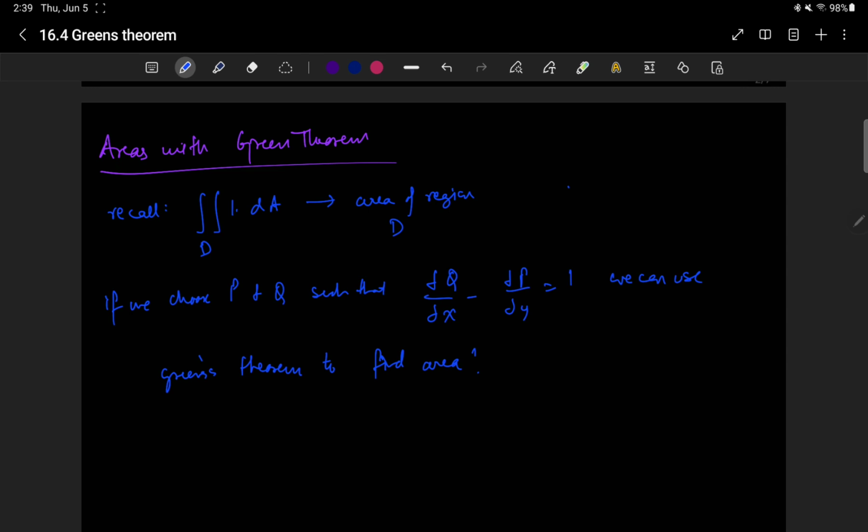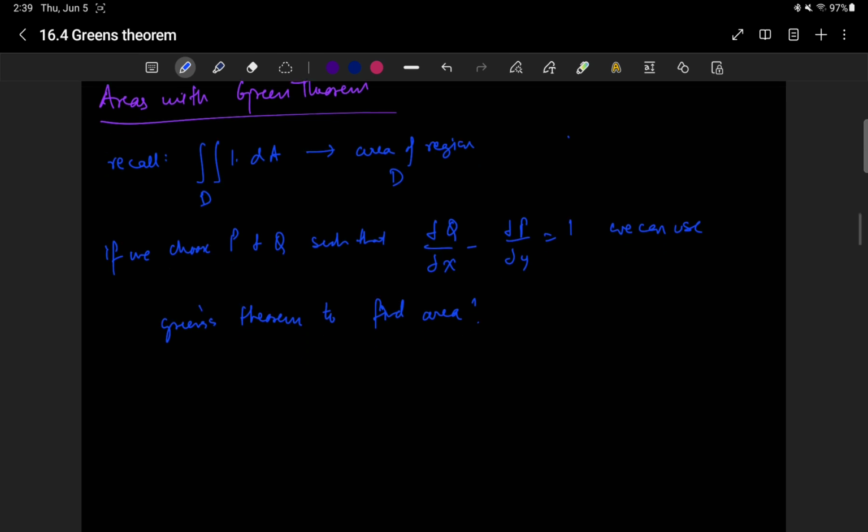And what we mean by that is, by using Green's theorem in reverse, we can create a line integral which then can be used to find the area. So there's a bunch of different possible choices you can have for Q and P, right? So for example, if I choose my P(x,y) to be 0, then this is 0.